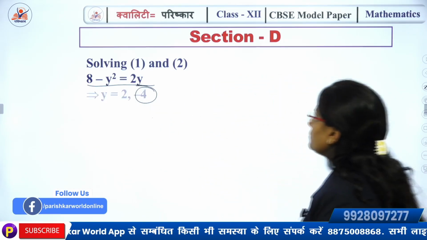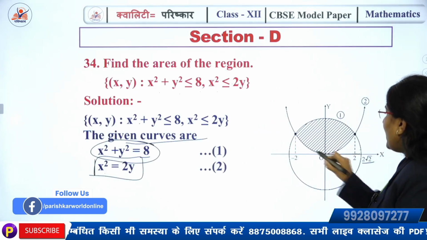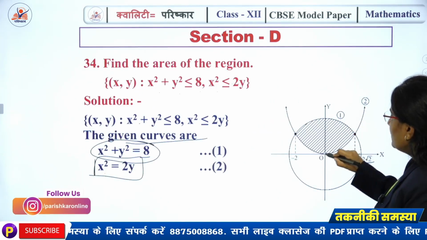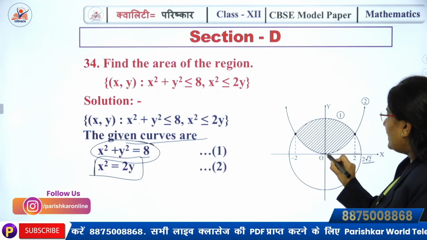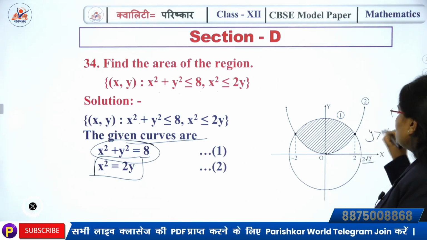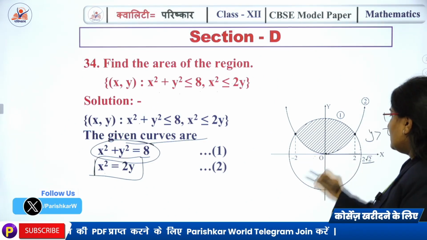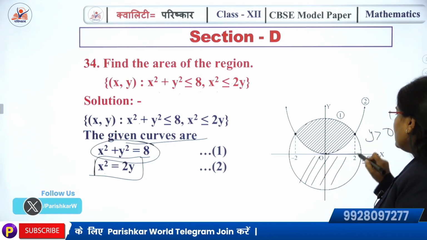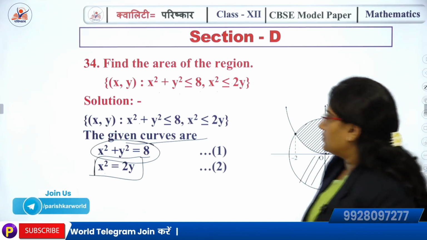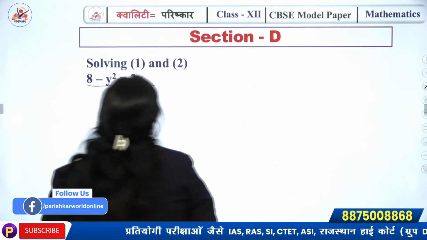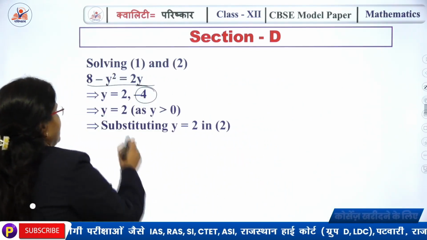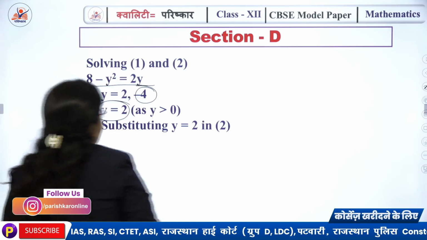As you can see in the figure, the figure is on the upper side and is not drawn on the negative side of the y-axis. That means we will take the positive value of y.